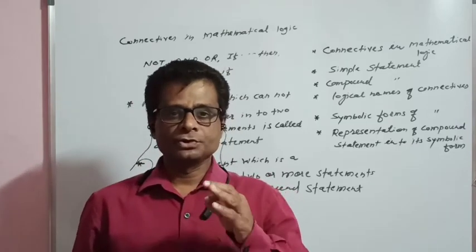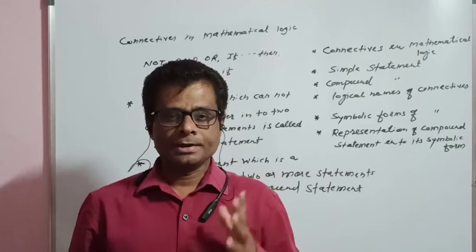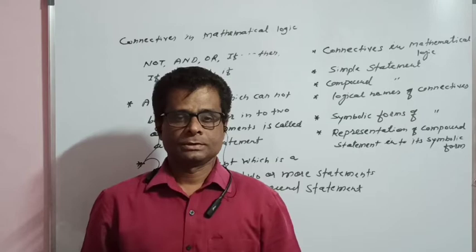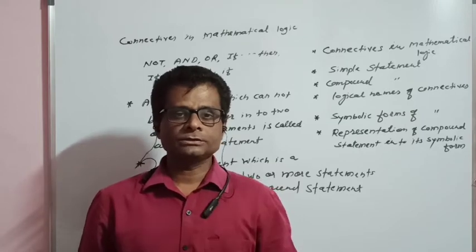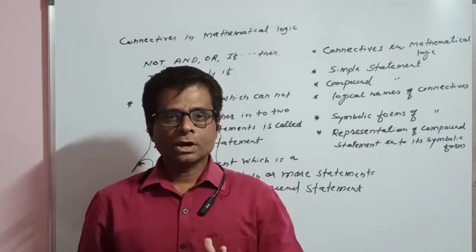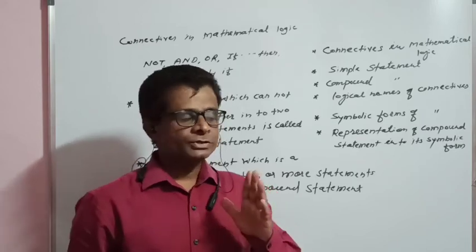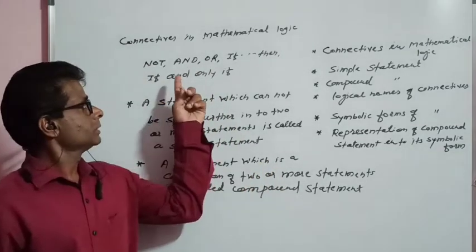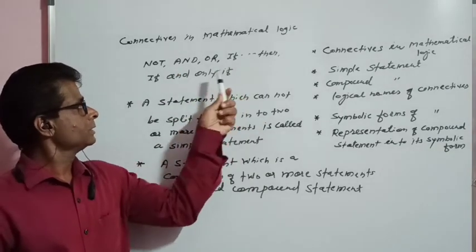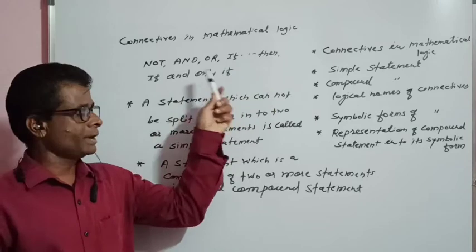The words which are used to combine two or more statements are known as the connectives in mathematical logic. So what are those words? The words like not, and, or, if, then, if and only if.